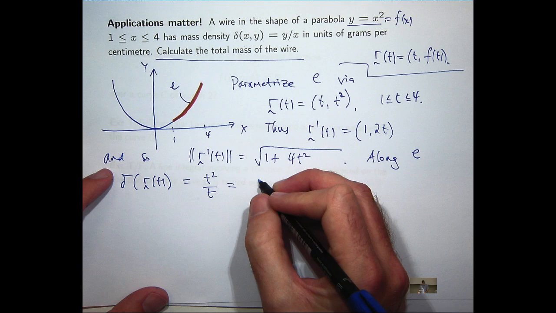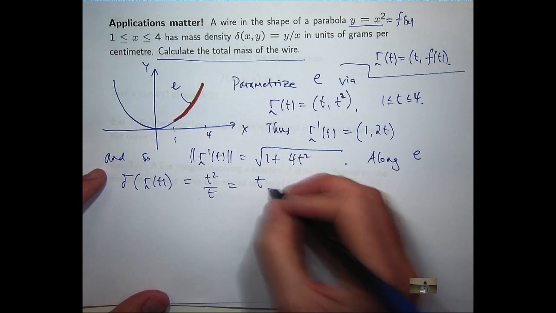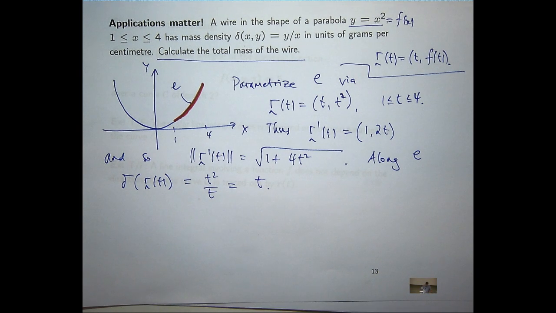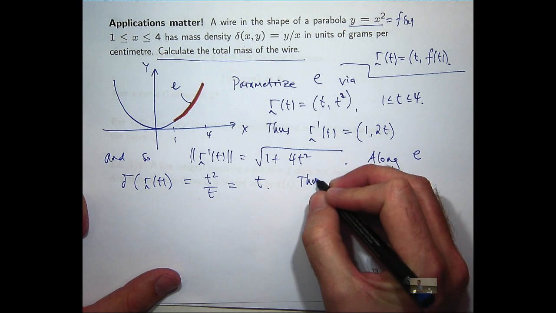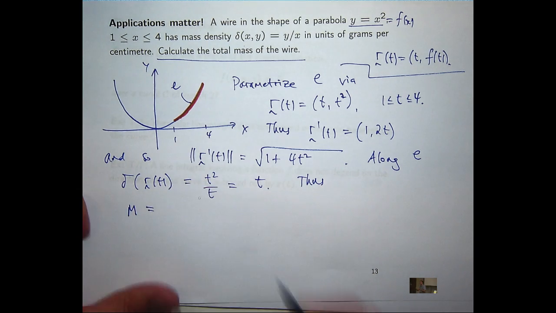I can cancel off, and I'll get t. All I really need to do now is put those things together and integrate to calculate the total mass. So let's denote the total mass by m.